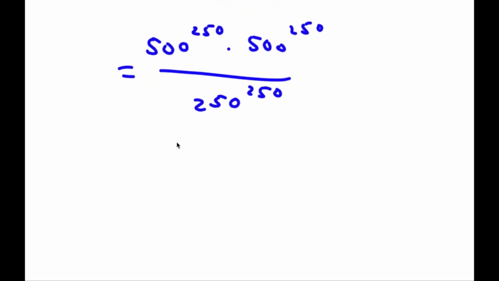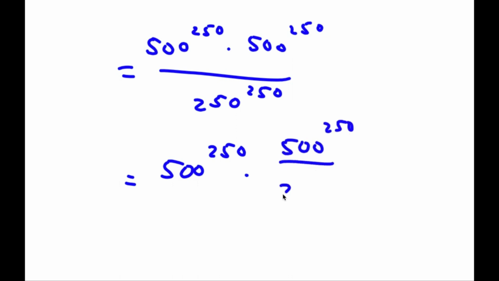Now this can be written as 500 to the power of 250 times 500 to the power of 250 over 250 to the power of 250.